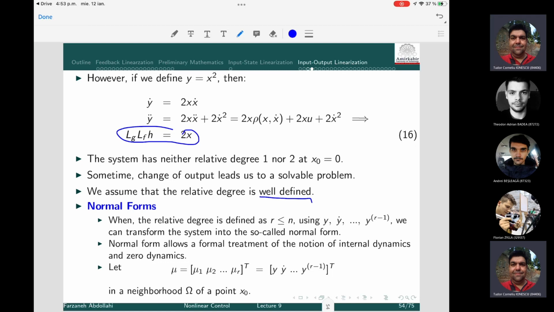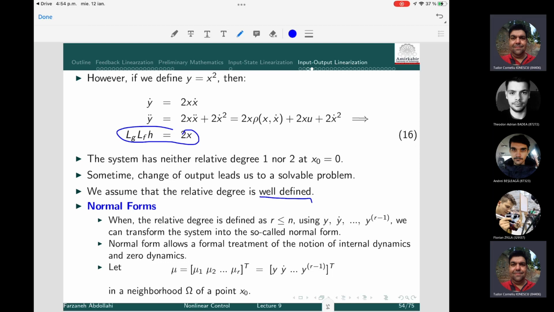Normal forms. When the relative degree is defined as r less than or equal to n, using the output y and its derivatives up to r minus 1, we can transform the system into the so-called normal form. A normal form allows a formal treatment of the notion of internal dynamics and zero dynamics. So we need a normal form to characterize the internal and the zero dynamics.